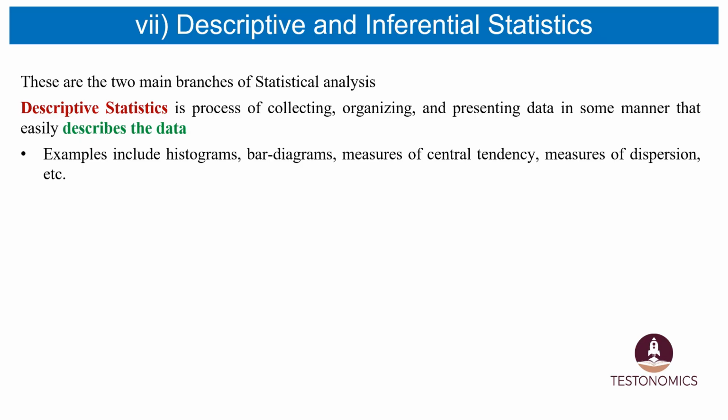So if we collect a huge data set and we want to describe it, for example, we want to say what is the mean, median and mode, or we want to say something about dispersion. So these are different ways of describing a data set, telling what is the mean, what is the standard deviation, what is skewness. So these are like measures of describing a data set.